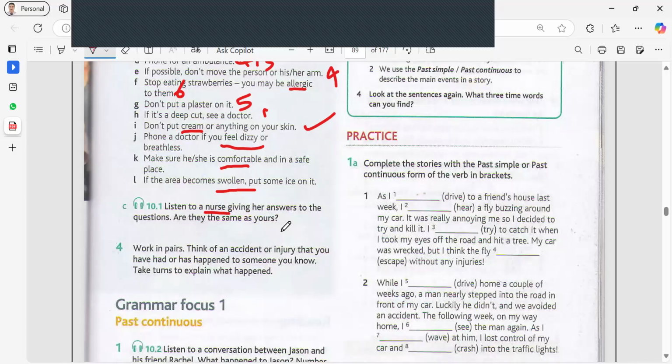3. If someone faints, you shouldn't pour cold water over their face, and you certainly shouldn't shake them and try to wake them up. You should just leave them to come round. And of course, make sure they are comfortable and not in a dangerous place. 4.